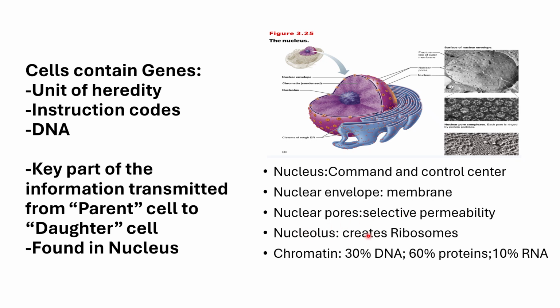The nucleus has ribosomes. It has ribosomes because it also continues right into the rough endoplasmic reticulum that also has ribosomes. And this chromatin in here, this contains 30% DNA, 60% proteins, and 10% RNA.